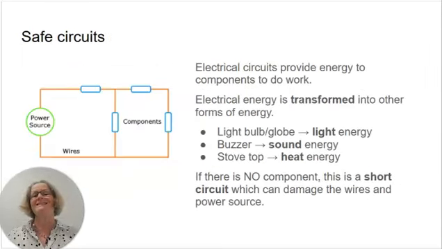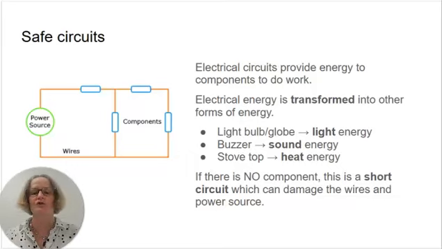Now, to make sure your circuit is safe, we need to have something for the electrical energy to actually do. And the electrical circuits, they provide energy to different components, and those components can then do work as the electrical energy is transformed into other types of energy. So if you have a component which is a light bulb or globe, you will get light energy. And if it is a buzzer, then your electrical energy is turned into sound energy.